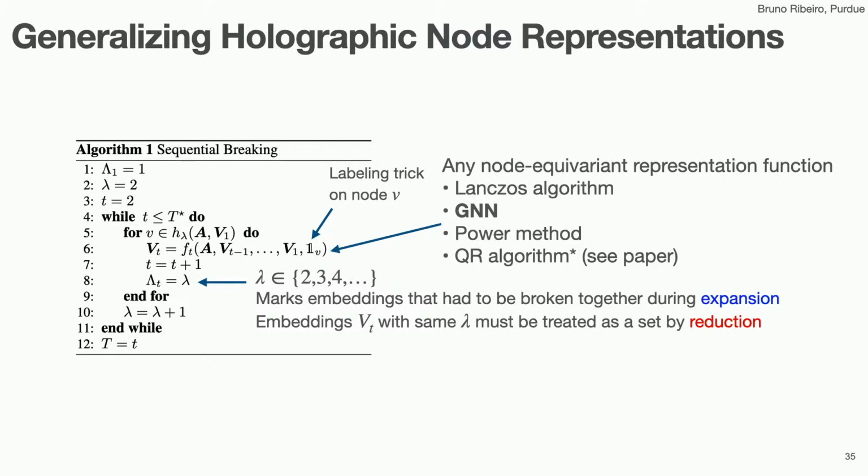And this in eigenvector space would be the multiplicity of your eigenvalue. Because your eigenvalue is the same, it's telling you that that subspace is essentially, there's no ordering to that, right? And this creates also the same notion that these vectors are from the symmetry breaking, therefore they need to be treated as a set, right? So when you use the GNN, for instance.